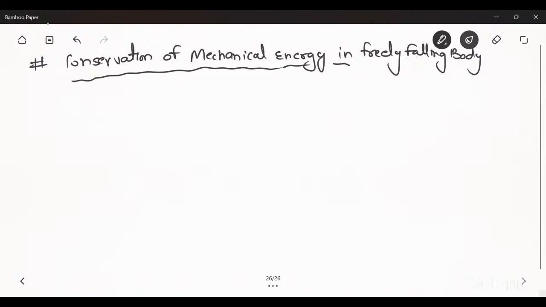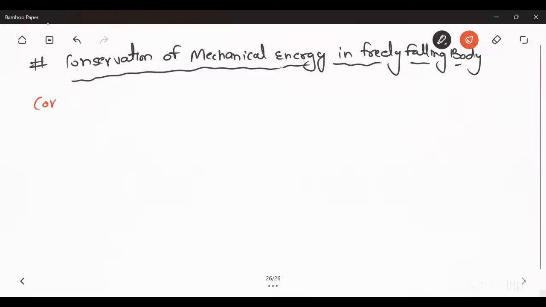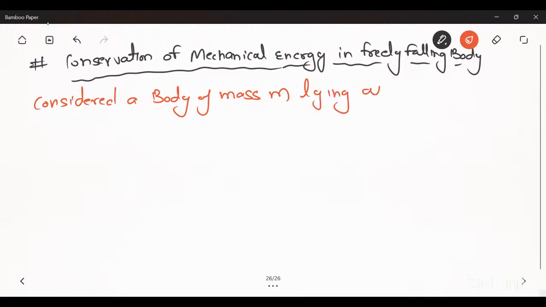Now consider the condition. Consider a body of mass m lying at position A at height h above the ground.